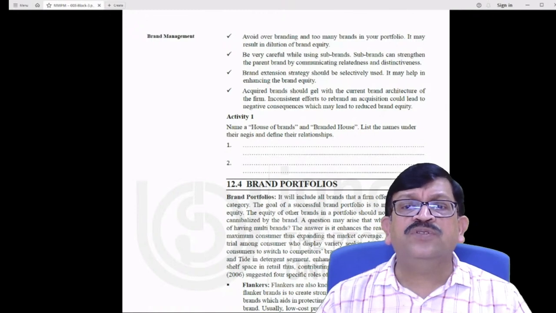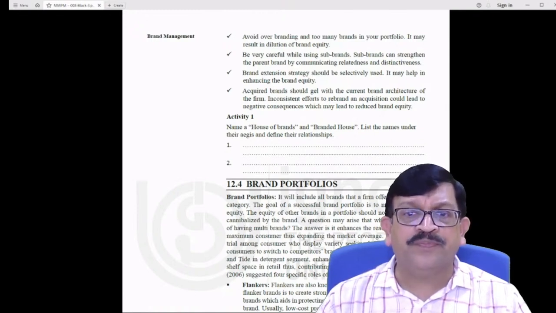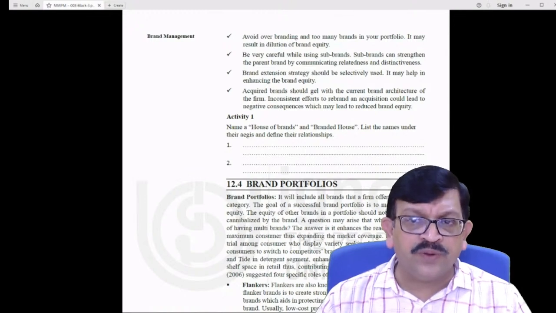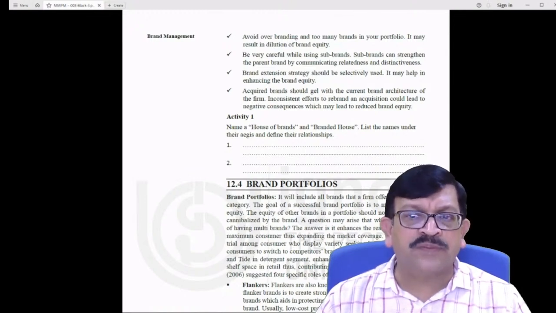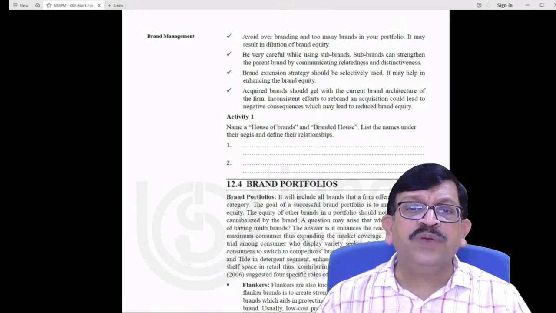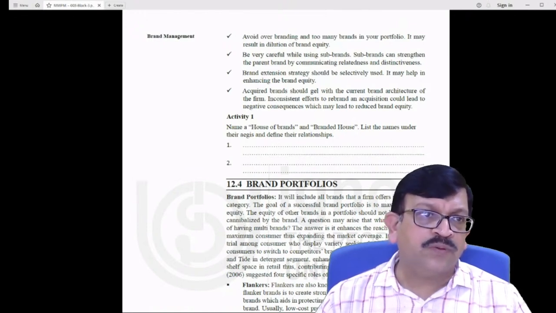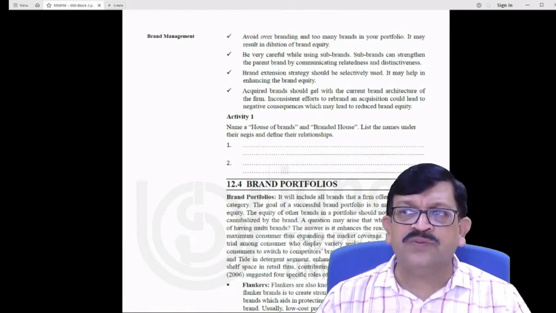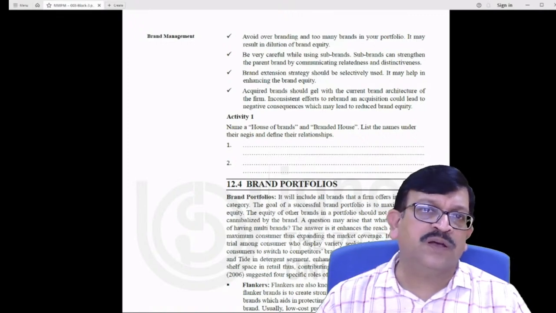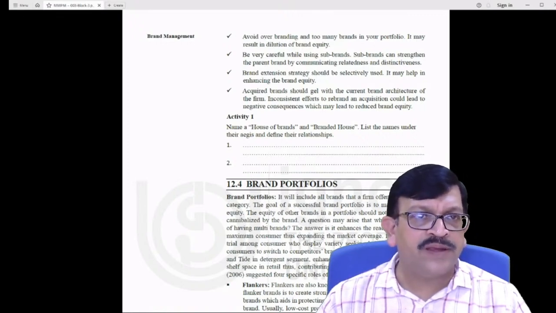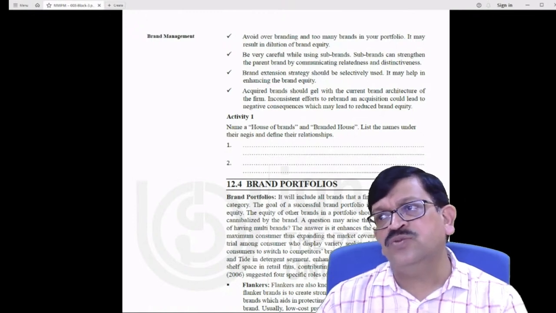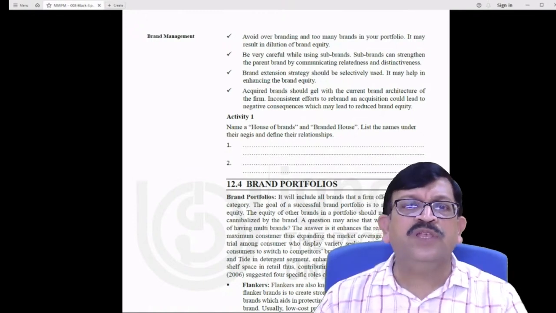And then, of course, you should look into whether the brands which are acquired and added to your portfolio, or added to your brand architecture, are aligned to the requirements. For example, Savlon has been acquired by ITC, so it has to come within the parameter.